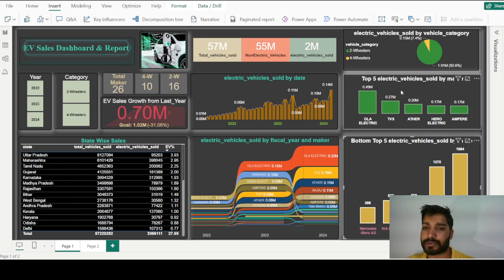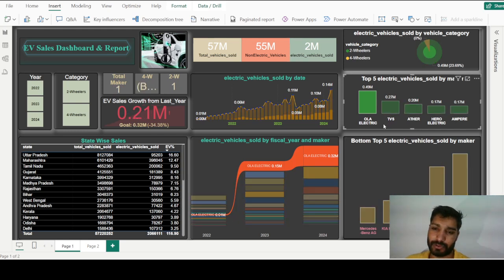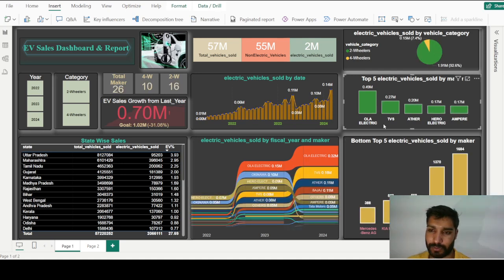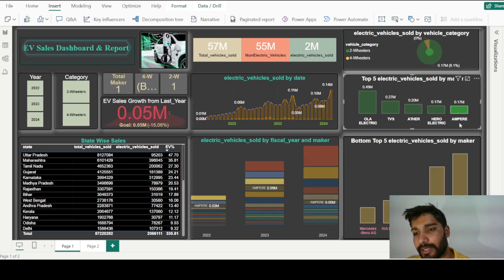Here we can see the top 5 electrical vehicles sold by the makers. These are the top five makers. Ola Electrical did 0.49 million electrical vehicle sales, and then TVS Motors, which we know is Indian. TVS and Ola Electrical are doing great sales in 2024 as well, and also Hero Electrical and Ampere.